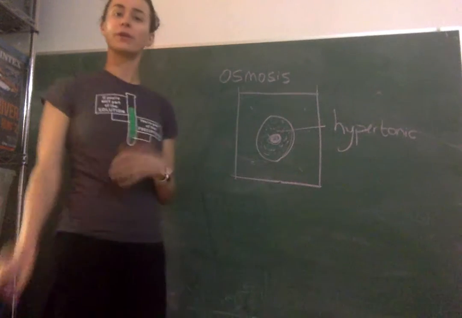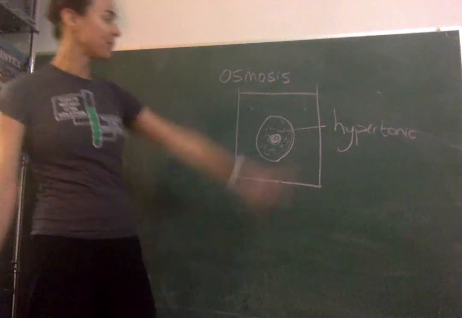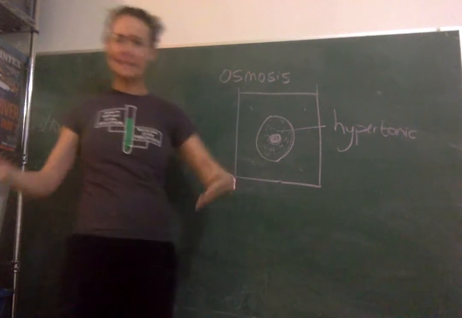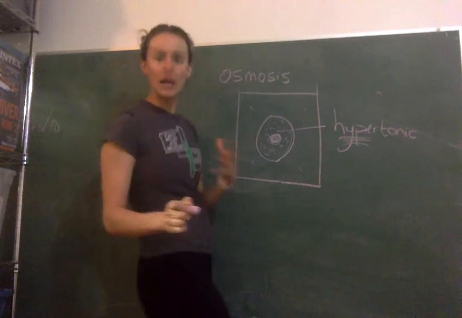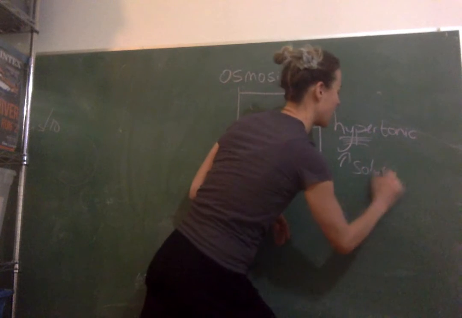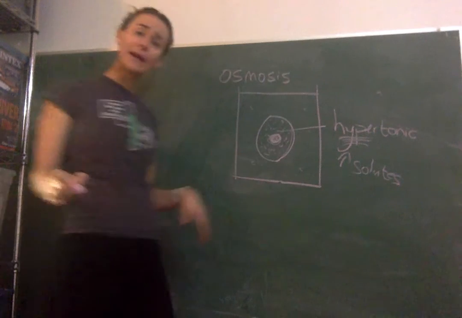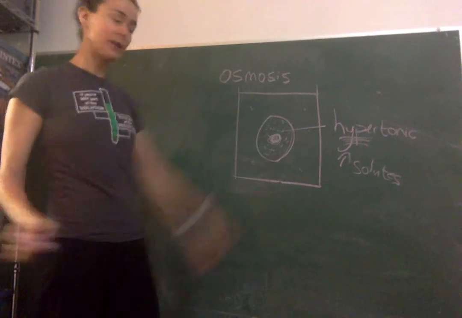For those of you that are taking Science 10, you'll understand these terms because we talk about it there. Now hyper, think about when kids get a lot of sugar, they're really, really hyper. So hyper means lots of solutes. In comparison to the solution around it, the egg is considered hypertonic.